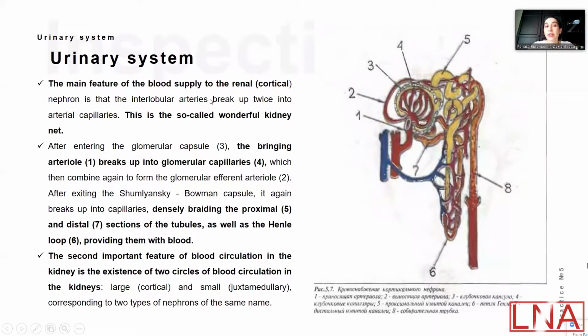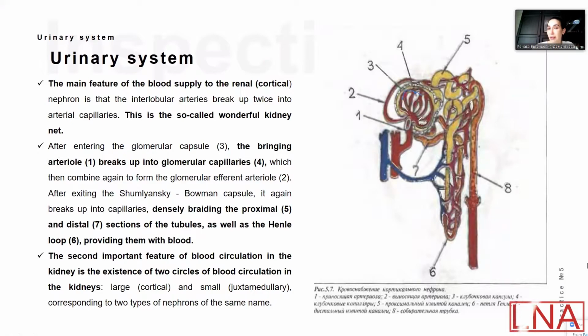The main feature of the blood supply of the renal or cortical nephron is that the interlobular arteries break up twice into arterial capillaries. And you discussed it. This is the so-called wonderful kidney net. After entering the glomerular capsule, the bringing arterioles break up into glomerulus capillaries. Look at this picture.